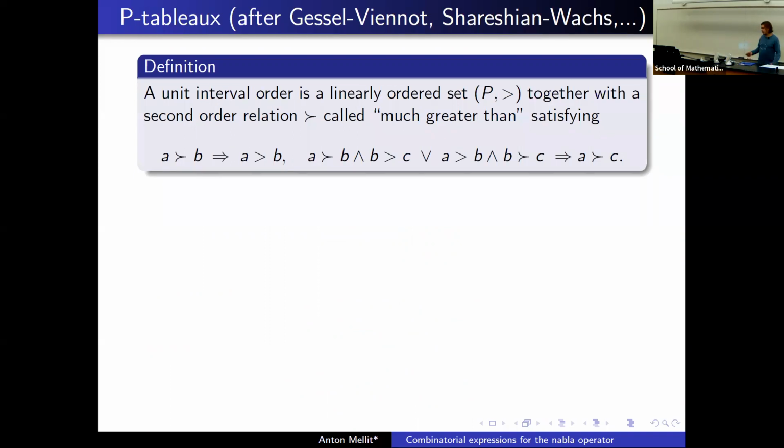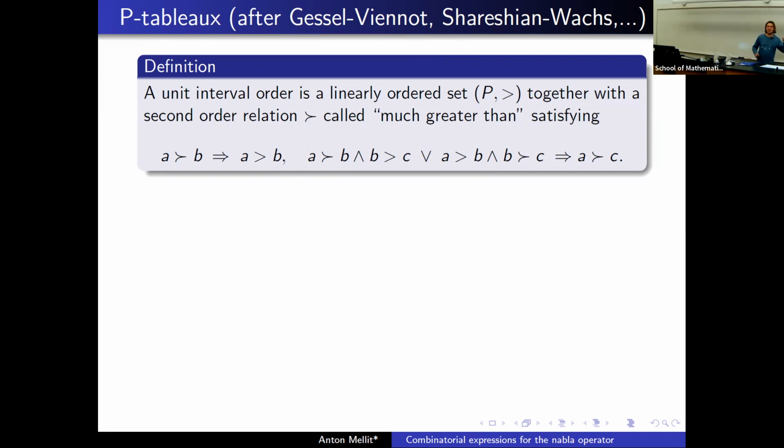I think it's a very beautiful object, this P-tableau, which I think deserves to be studied much more. It was introduced in a preprint of Gessel-Viennot, which is not published. Actually, it's not so easy to get, and even if you get it, it doesn't have any pictures.